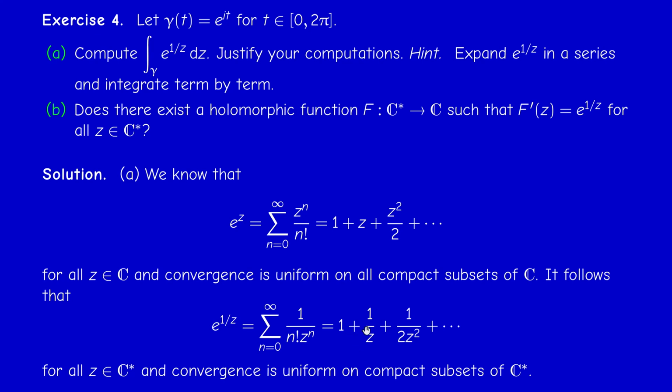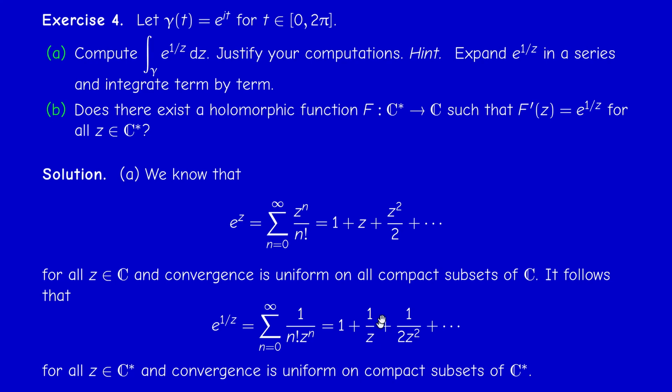By the way, the coefficient of 1 over z here, which is 1, has a special name. It's called the residue of the function at 0. It's called the residue because it's the only surviving term when we integrate. When we integrate, all terms vanish except this one. This is a technique that we shall return to in chapter 3.